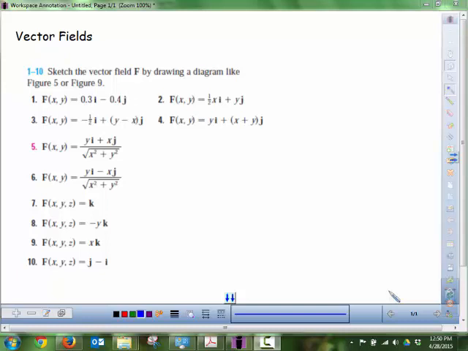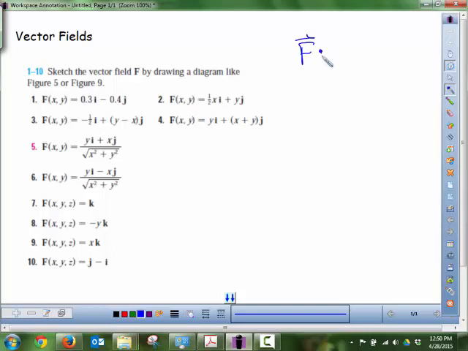Last time I talked about the structure of the vector field, which is the input and output. The input can be a vector in R2 or in R3, and the output is a vector in the same domain, R2 or R3. So our vector field notation usually is a capital F with an arrow on top or boldface, depending on where you're reading it.